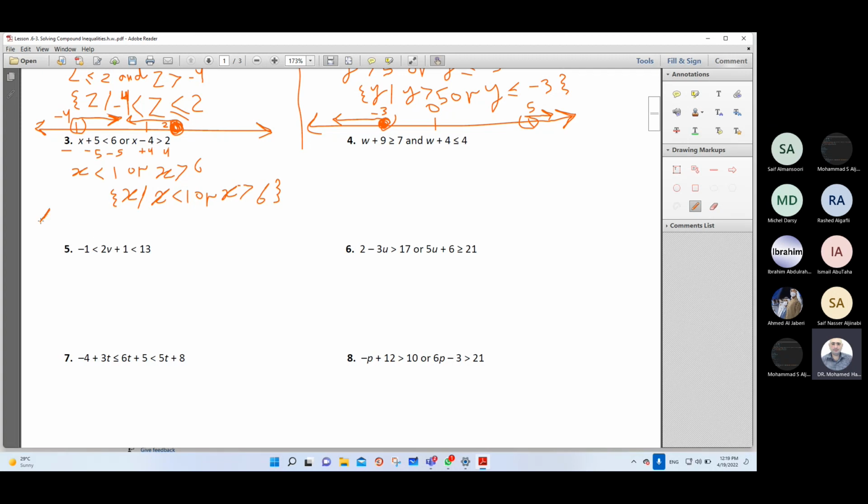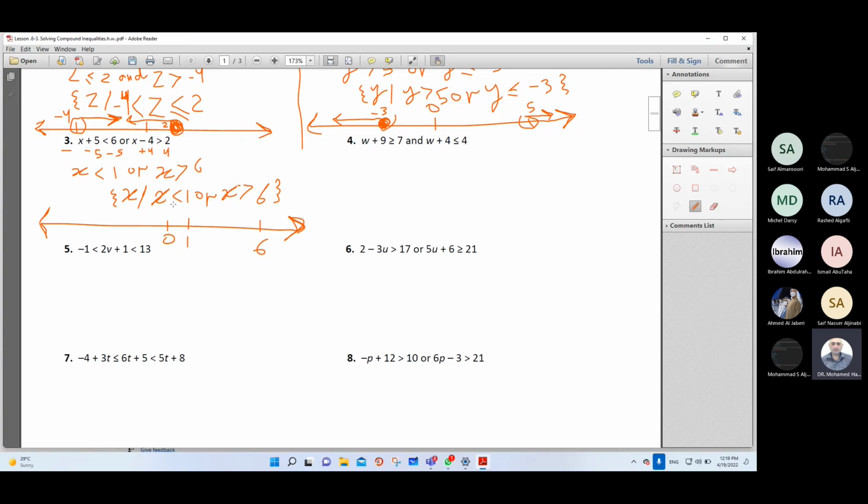And the graph. Here 0. Here we have 1. And here we have 6.